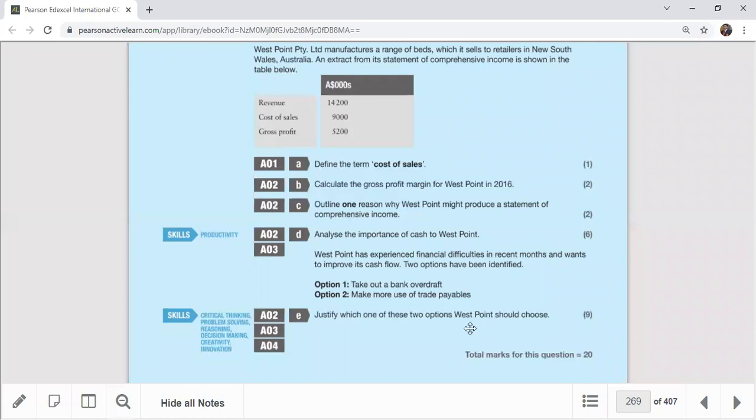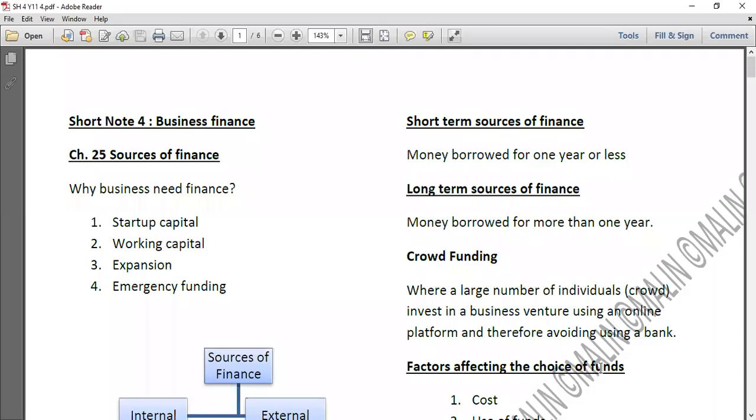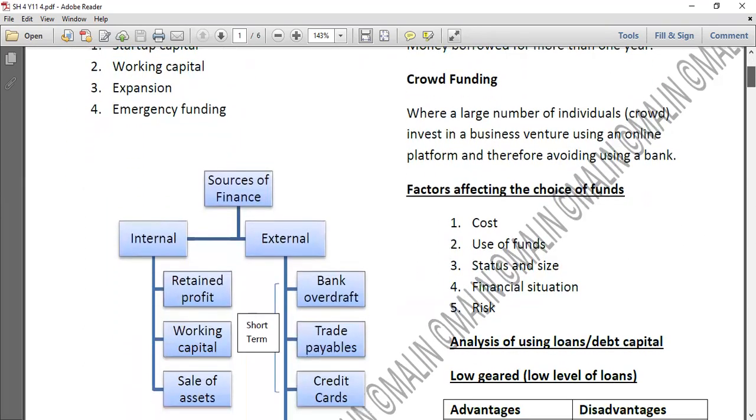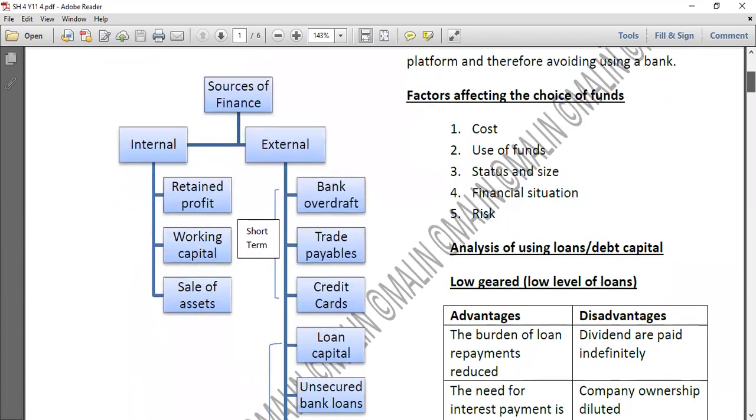Okay, so this is the exam practice of financial management so far. In financial management, we talked about 6 lessons, right? We talked about business finance. You can see my short notes. Why business needs money, 4 reasons: startup capital, working capital, expansion, emergency funding. We talked about sources of finance, which come from internal and external.